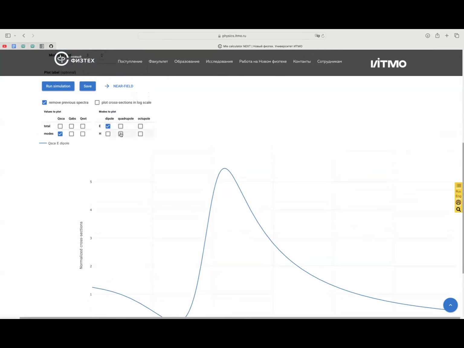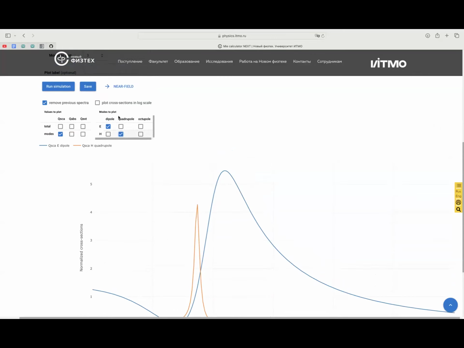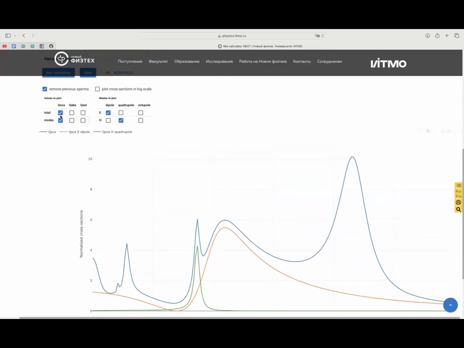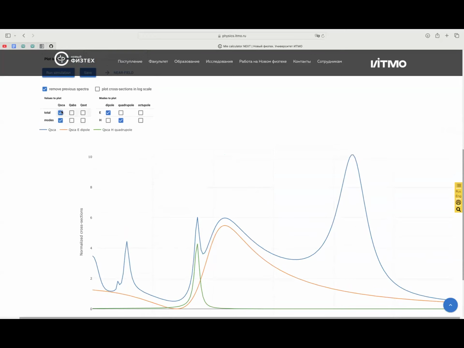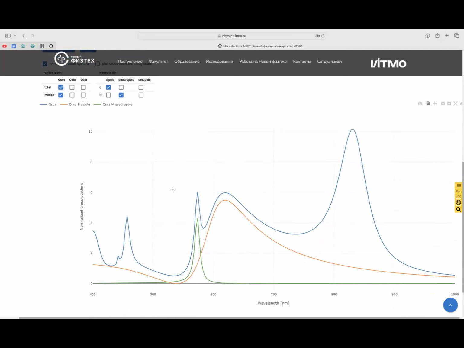If I want also the magnetic quadrupole, it's A2. I just need to put this here. And we can also plot the sum of all coefficients. Here we can choose total and plot the sum of all coefficients. So something like this.